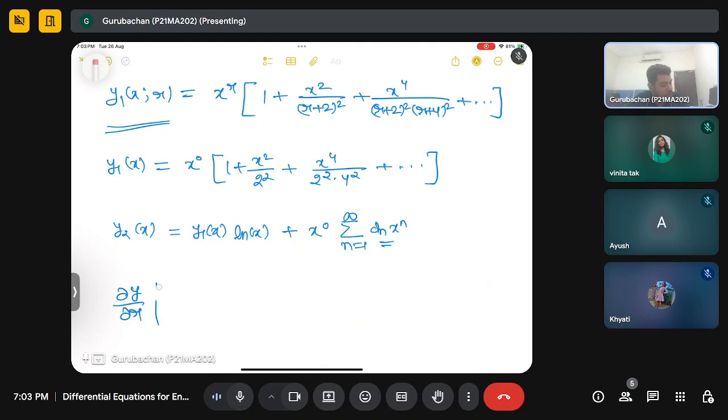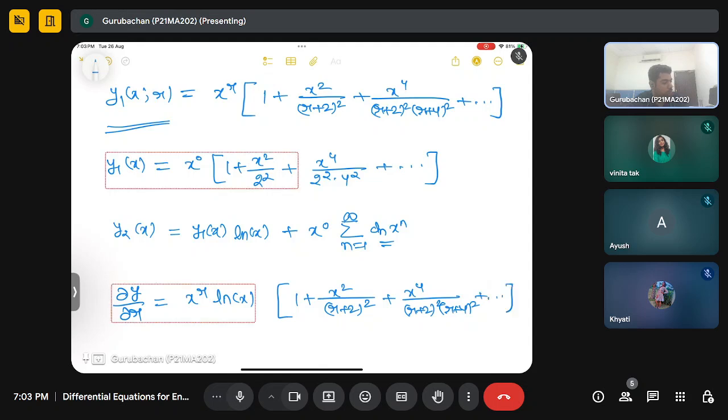First of all, let us differentiate partially with respect to r. The first term is x to the power r ln x by the product rule, and the series remains the same: 1 plus x square divided by (r plus 2) whole square plus x to the power 4 divided by (r plus 2) whole square (r plus 4) whole square, and so on.